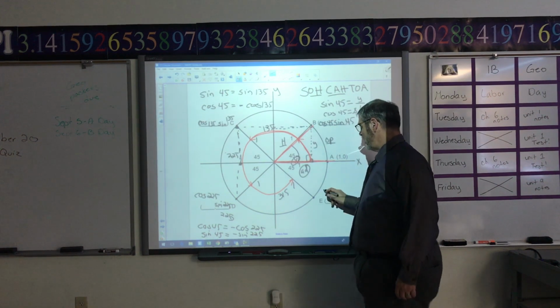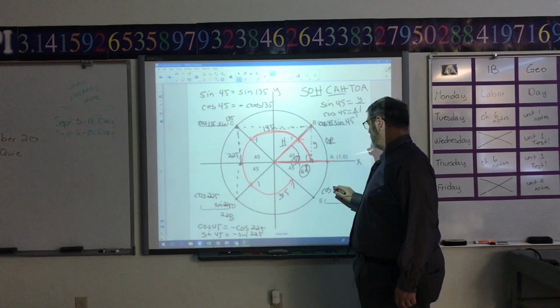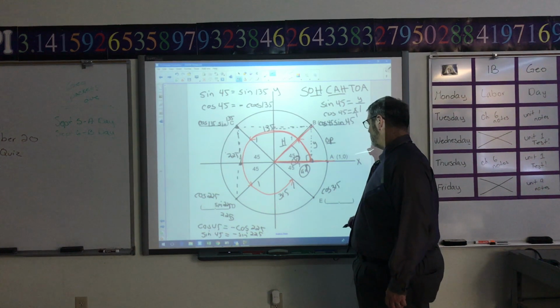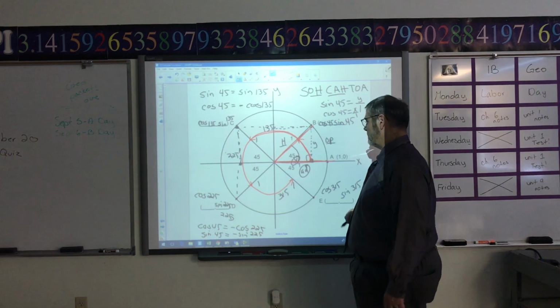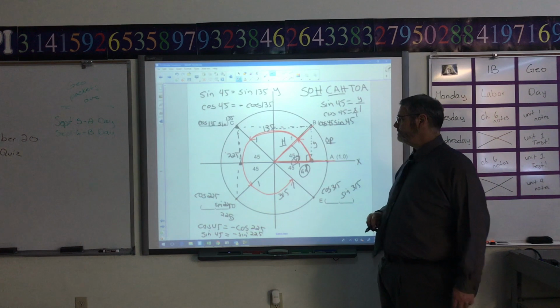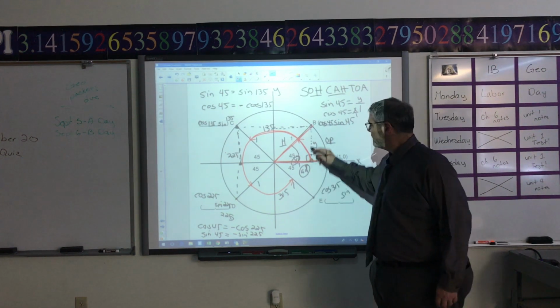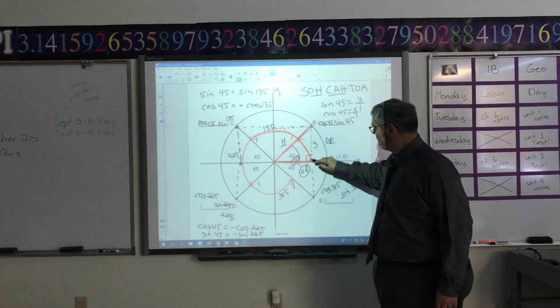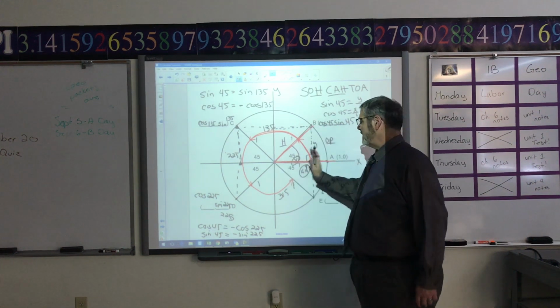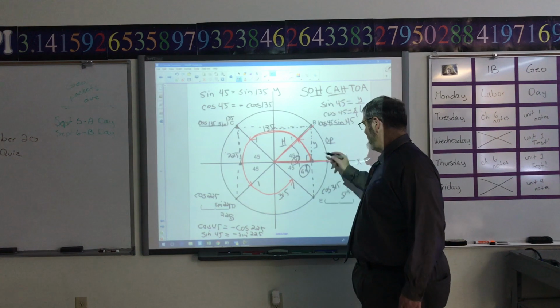So what would this be? This would be the cosine of 315, and this would be the sine of 315. And how do they relate to 45? Well, if you take a look here, the x value is the same as 45.